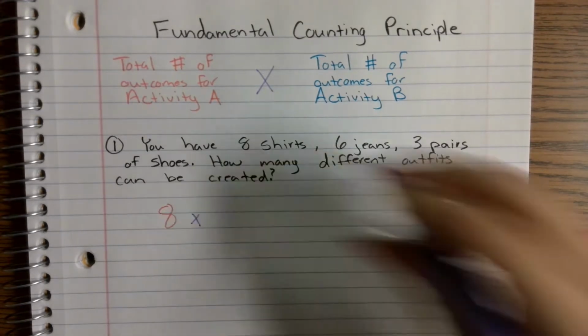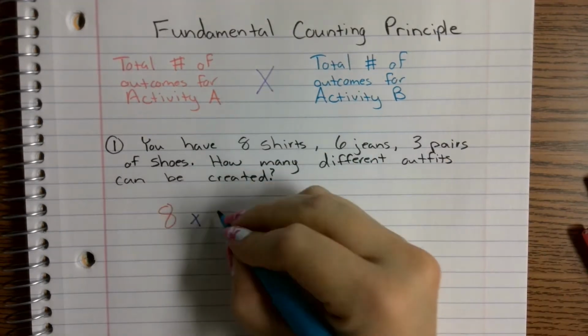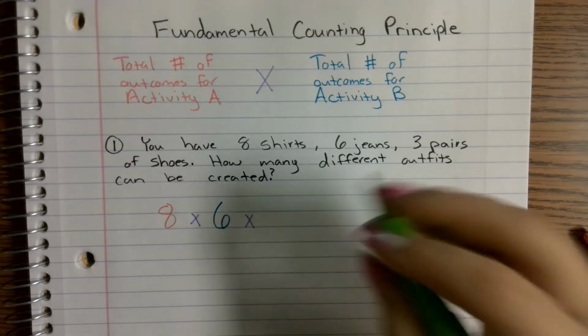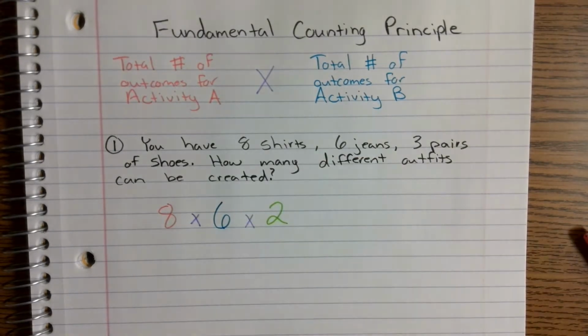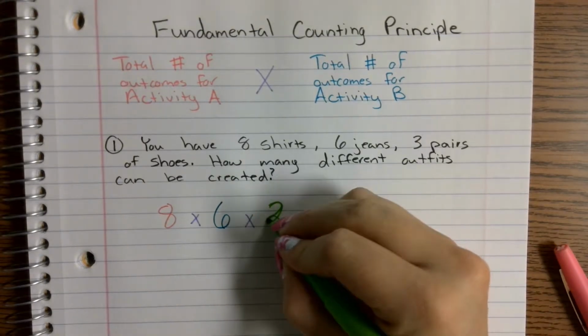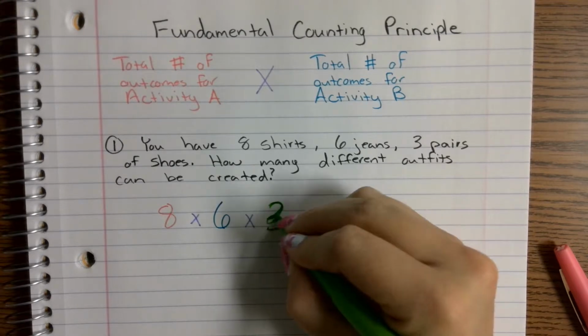and you're going to multiply it by the number of jeans you've got, which is 6, and then multiply that by the number of pairs of shoes you have, which is 3. Oh my goodness, my head is not here today.